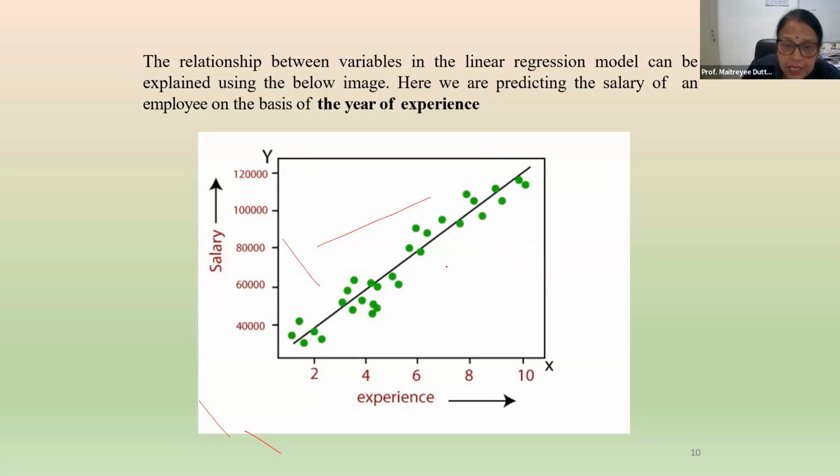I can draw the lines this way also. I can draw the lines here also. Everywhere I can draw the linear lines, right? These are all linear relationships.